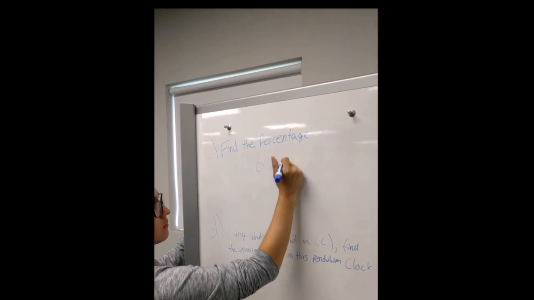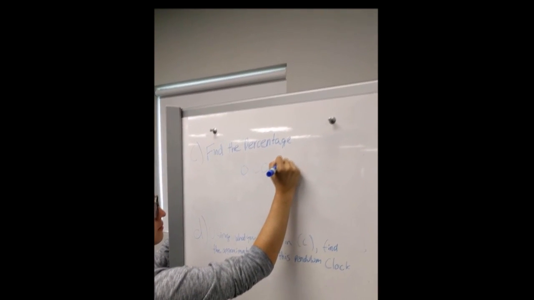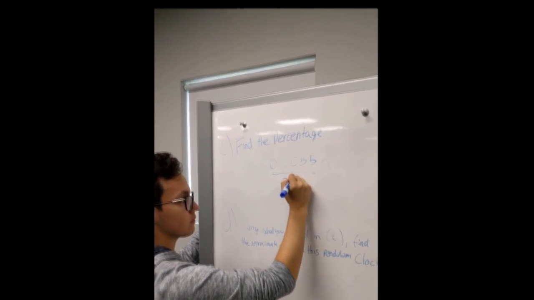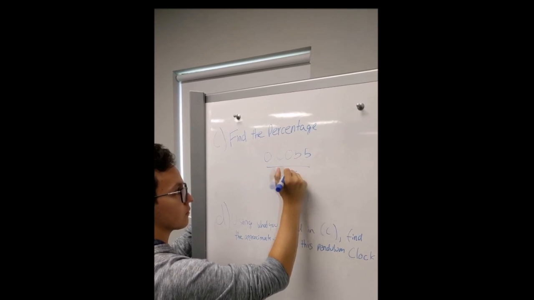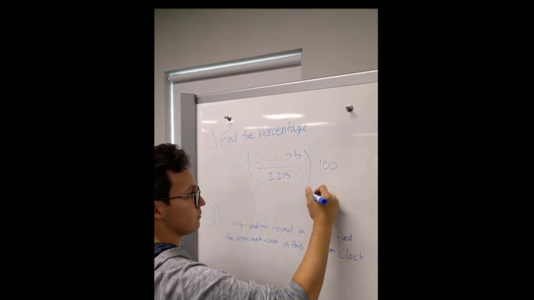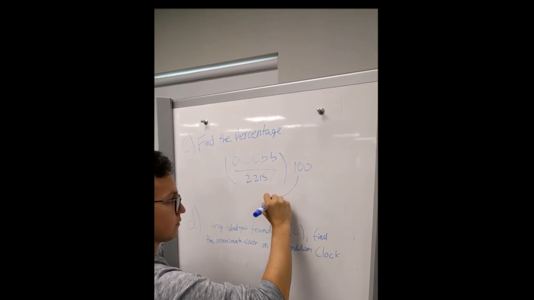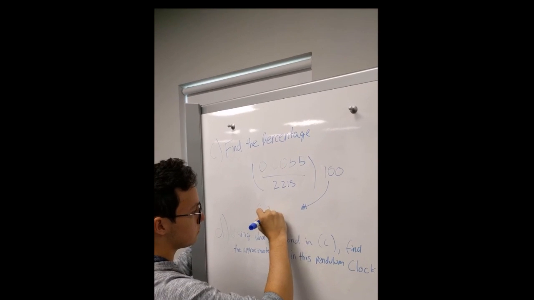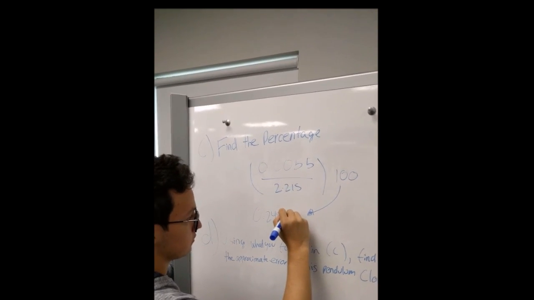Now we need to change the previous result into a percentage, and we do this by dividing our result, 0.0055, by T1, which is 2.215. As a percentage result, we get 0.248%.